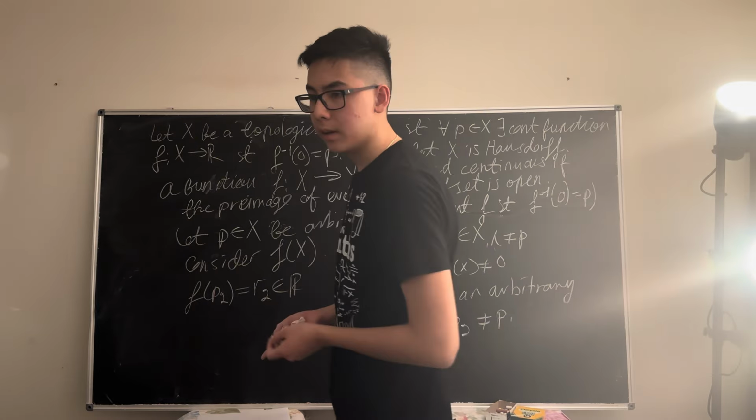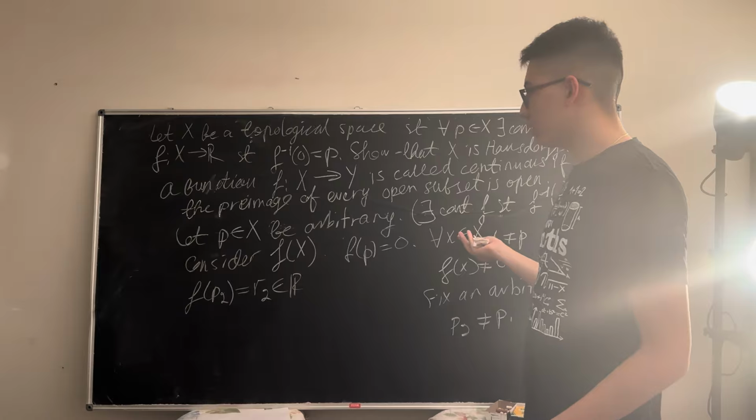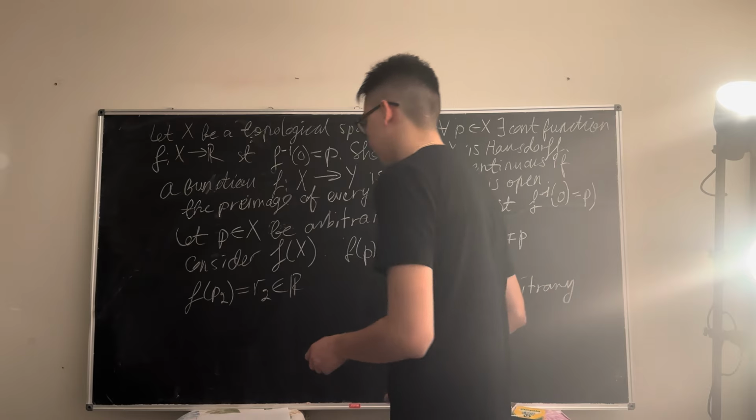Since we've proven that every metric space is Hausdorff, and the real numbers are a metric space, we know that the real numbers are Hausdorff.